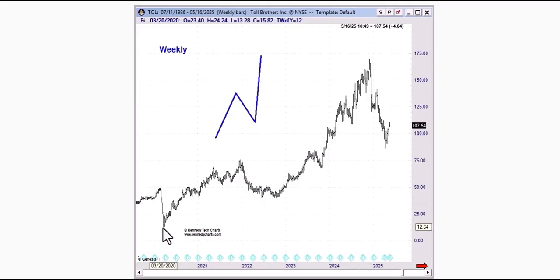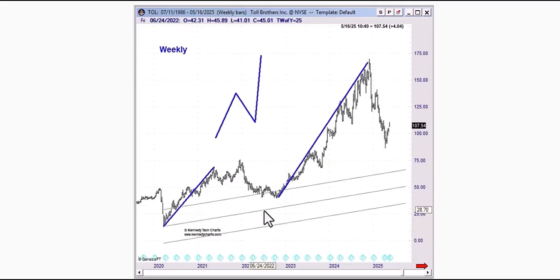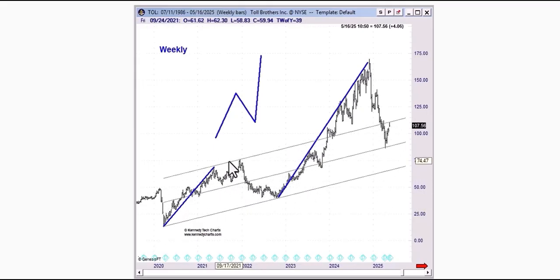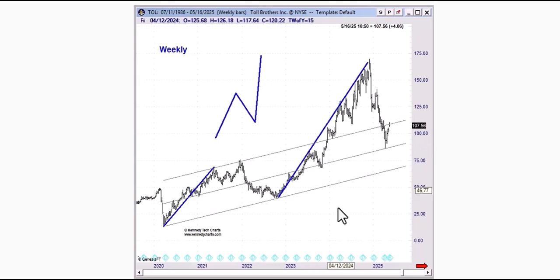So notice the slope of the initial move up. Now notice the slope of this subsequent rally, much steeper, much sharper. And then of course we put on our base channel trend lines to confirm the presence of third wave price action. You can clearly see that occurred pretty much late in the game here in 2023, early 2024, but you knew at that point you were working an impulsive structure.